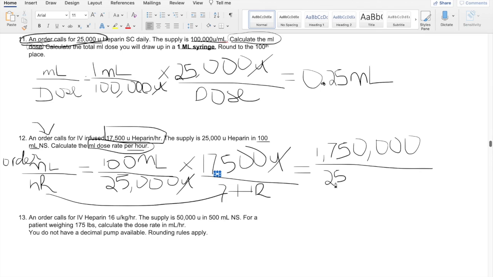And I'm going to divide that by 25,000. Which is going to be 70 milliliters per hour.